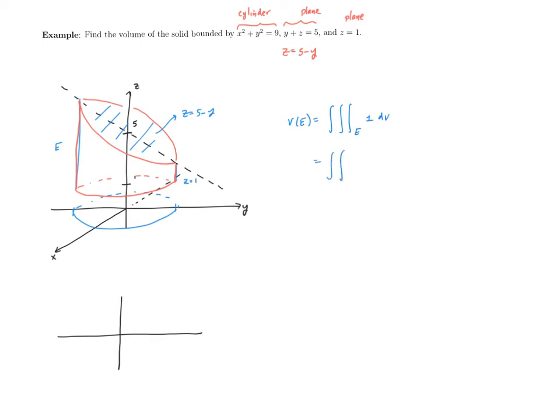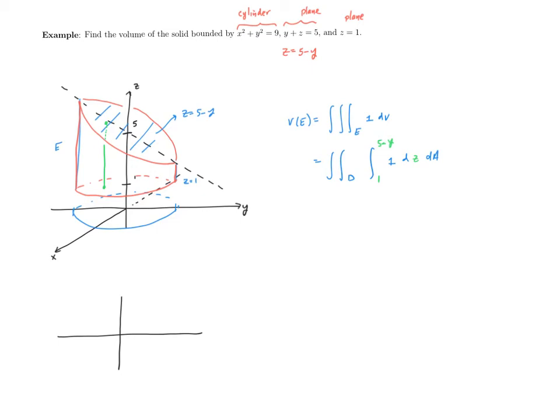What we need is an outside double integral and an inside single integral. Our solid varies very nicely in the z direction: we're varying from z equals 1 to z equals 5 minus y.